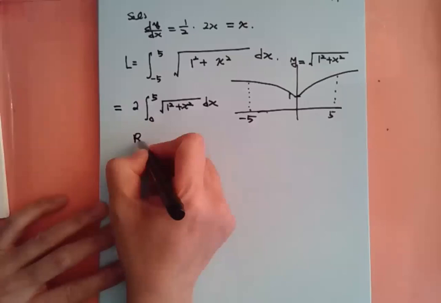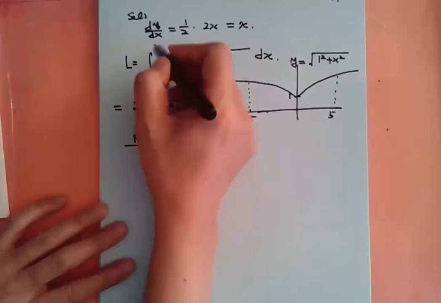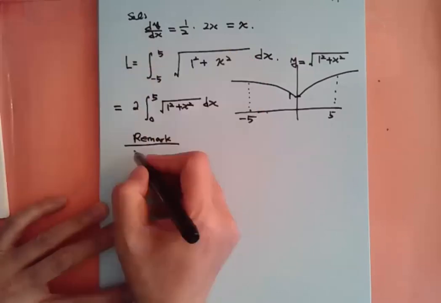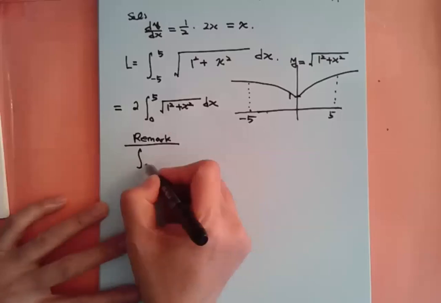If you want, then you can just use this one as it is. But if a 0 is involved, the calculation becomes easier.